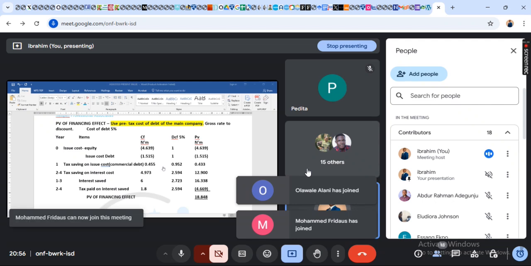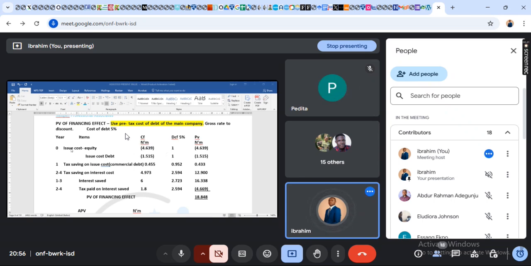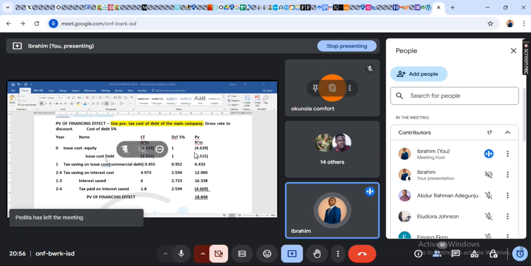Now, Mr. Moses asked one question: this cost of debt of 5% that we use to discount this project, is it supposed to be the commercial rate? I said no, it is the pre-tax cost of debt of the main company.